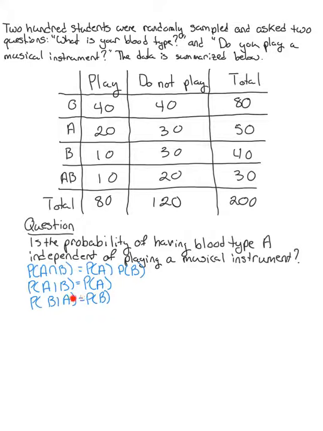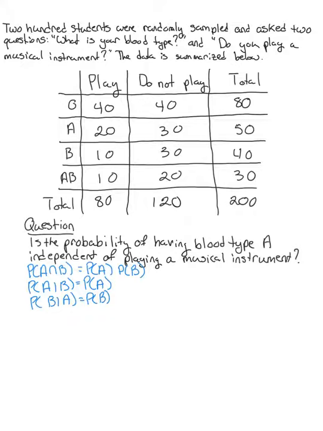Let me explain that again with this part here, the probability of B given A is equal to the probability of B. That means that if the two types of questions, like if the student's blood type is independent of playing an instrument, then given that we are told that the student has blood type A, that will not affect the probability of them playing an instrument.